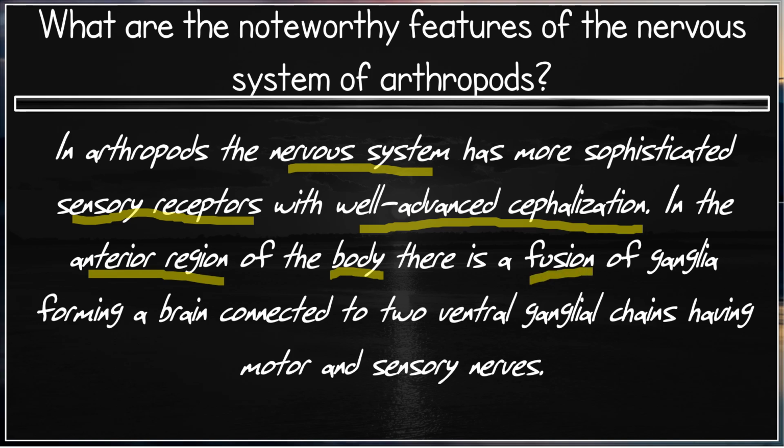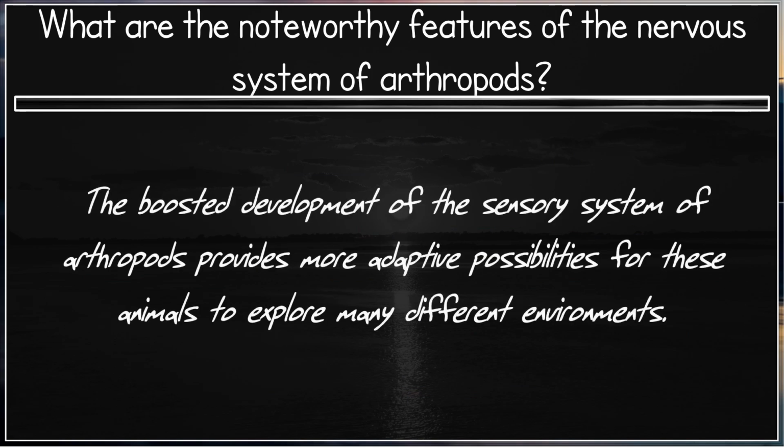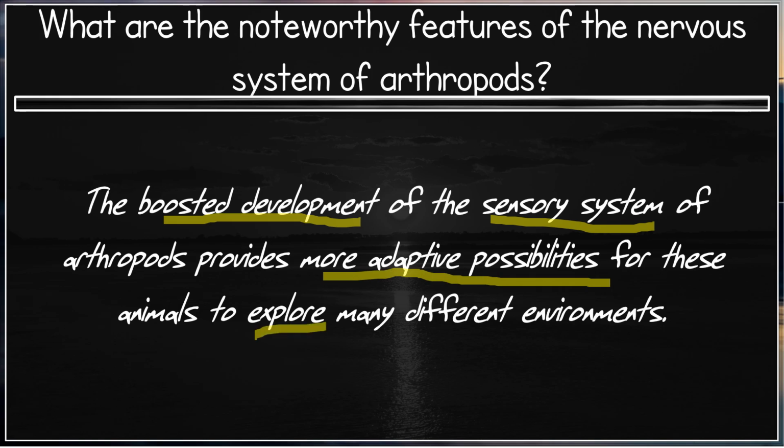There is fusion of ganglia forming a brain connected to the ventral ganglion chain having motor and sensory nerves. The boosted development of the sensory system of arthropods provides more adaptable possibilities for these animals to explore many different environments.